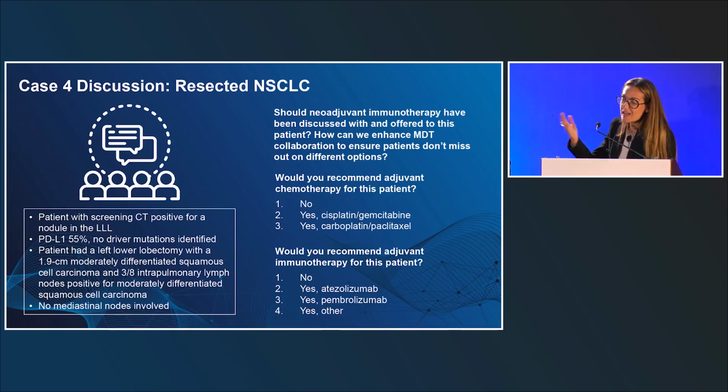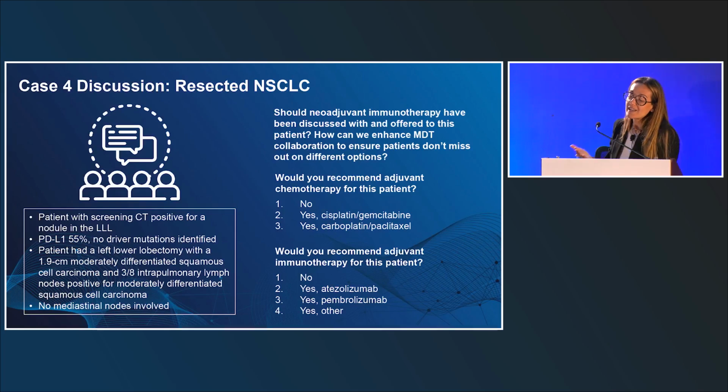And then, as Heather mentioned to you, you have the opportunity to give immunotherapy. Here you have a PD-L1 of 55%, so atezolizumab would be something that you are absolutely able to give, with FDA approval for PD-L1 positive disease. 50% for the European, and then pembrolizumab for all comers.